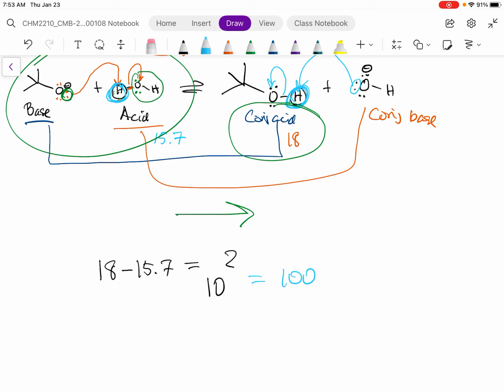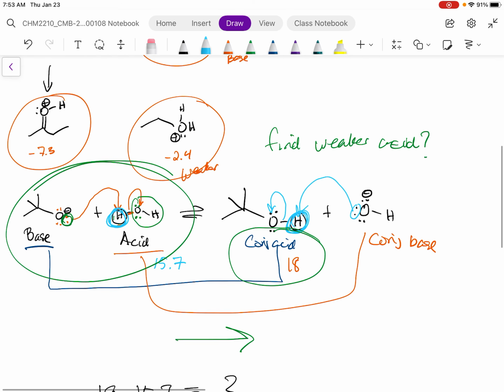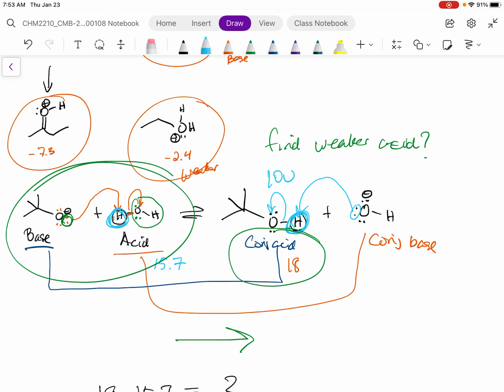So once this reaction comes to equilibrium, it is favored to the product side by 100 times. And so what that means is for every 100 molecules of this conjugate acid, we're going to have 1 molecule of the conjugate base. That's 100 times, is it not? 100 times favored to the right.